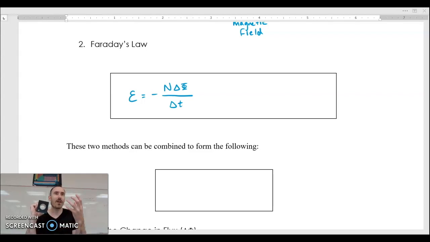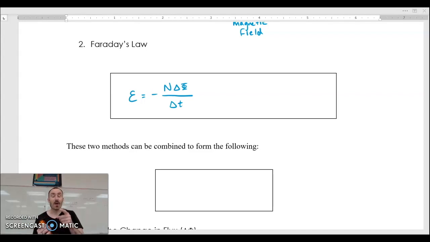Now that's harder to do. Usually what we're working with is a set of fixed coils, and I can't make this thing bigger or smaller. But there are certain situations where you have a different type of loop that has a changeable size, and so you could change that as well.